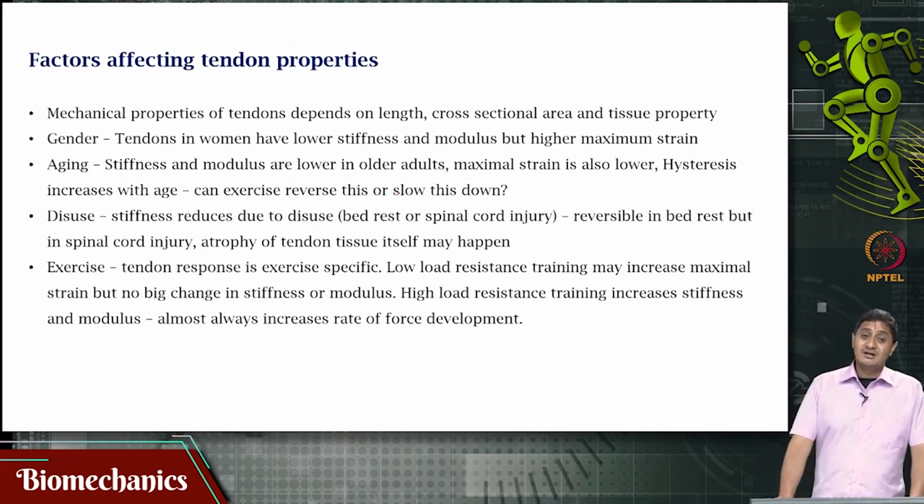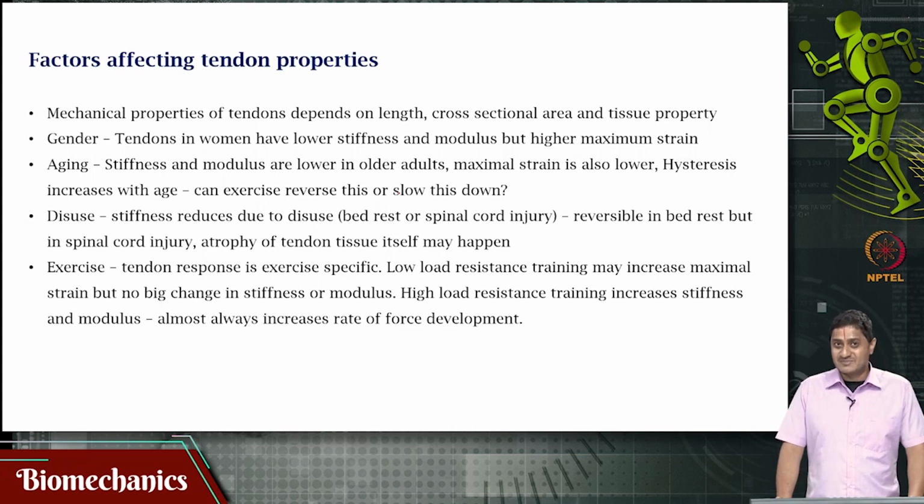In women, stiffness and modulus reduce, but maximal strain increases when compared with men. But when compared with young people, older people have lower modulus and lower stiffness, and this is accompanied by a lower maximal strain.